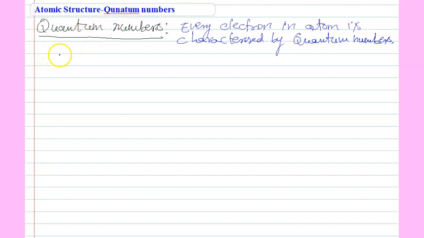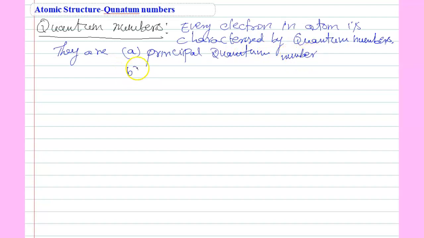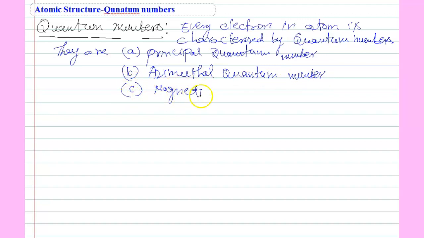So here quantum numbers are 4 types. They are principal quantum number, azimuthal quantum number, next one is magnetic quantum number, and spin quantum number.